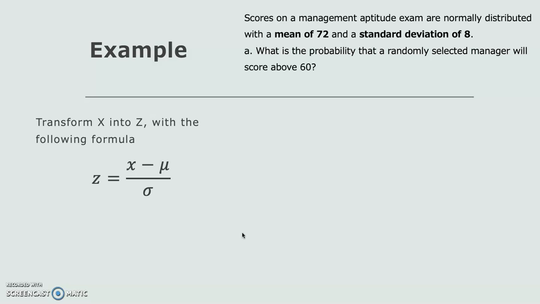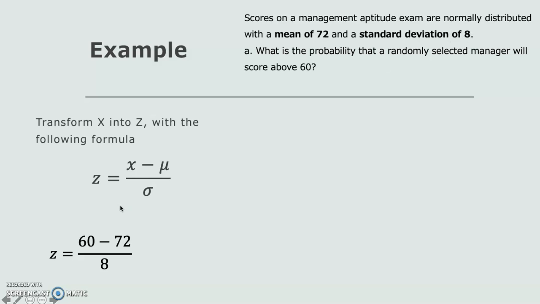To find the probability, we first transform the random variable x equal to 60 into the standard normal variable, or the z-score. From the case, x is 60, the mean is 72, and the standard deviation is 8.